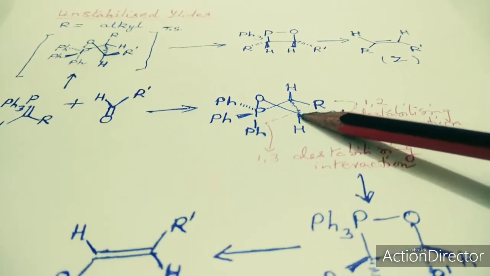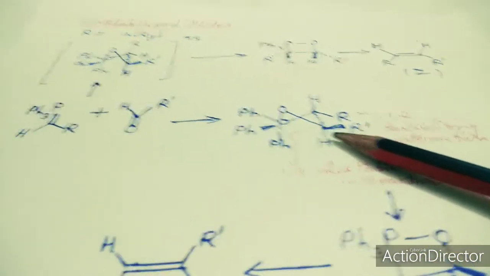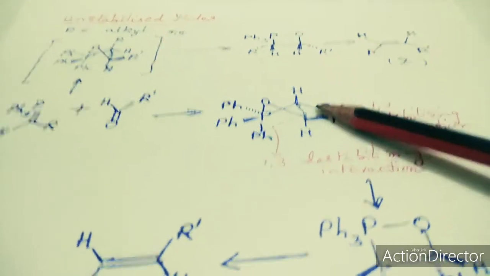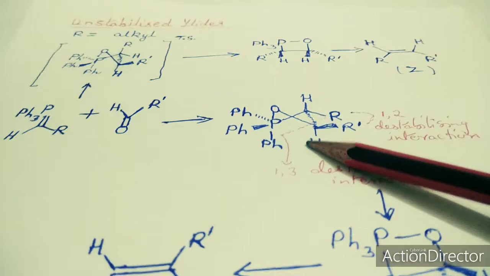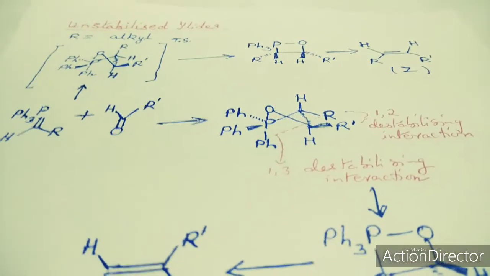This is like pseudo-equatorial and pseudo-axial. That's why I compared it with cyclohexane. I didn't mean that it was cyclohexane, but it is similar to that, like in the cyclohexane ring. So H and H are trans, so automatically it implies that R and R dash are also trans to each other.